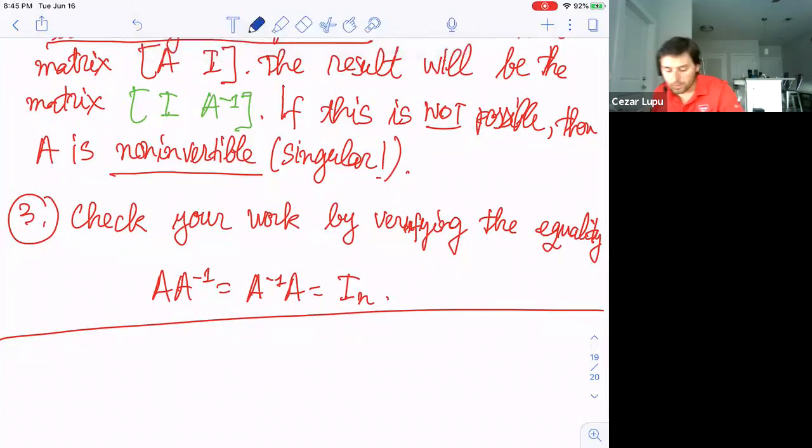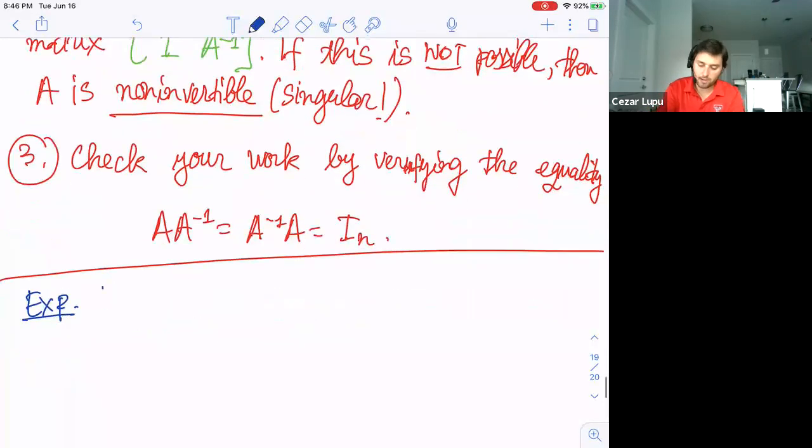So let's give an example on how to find the inverse of a matrix. I can do the 2x2 previous matrix, but I want to do another example. Let me do, let's say, a 3 by 3 matrix.